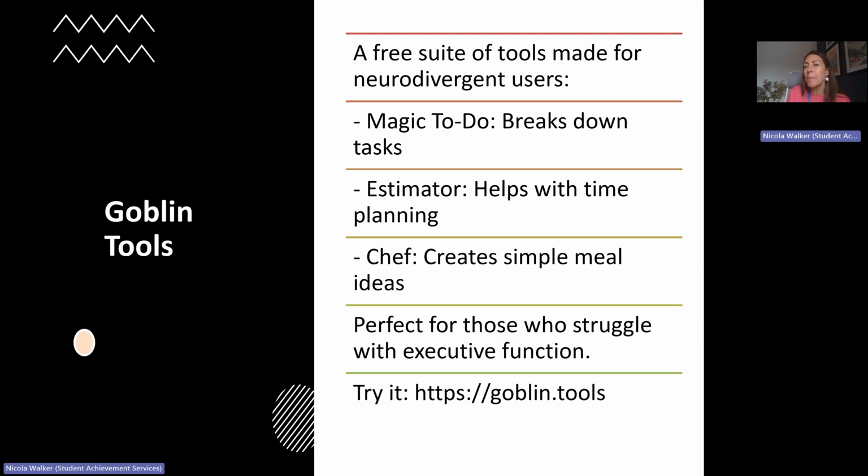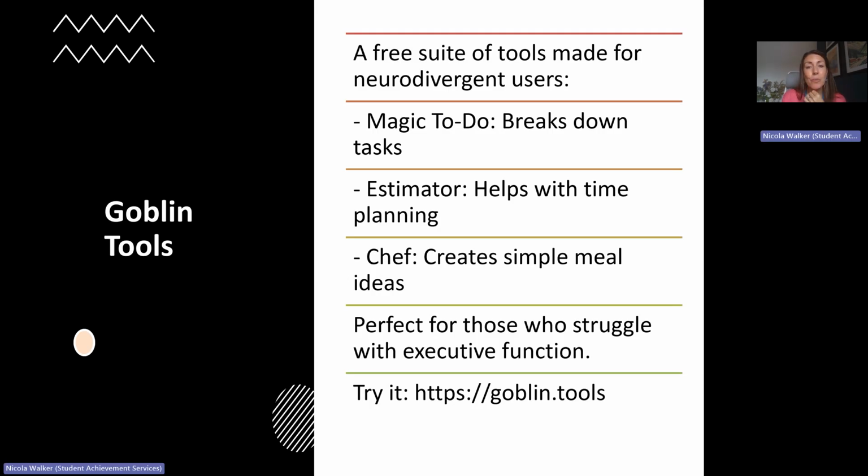So it has something called a magic to do, which breaks your task, it could be a dissertation, it could be an essay, it could be a PhD, whatever it is. It can break it down and give you a tick box so you can tick off each one as you go along, which can be a nice little bit of dopamine.